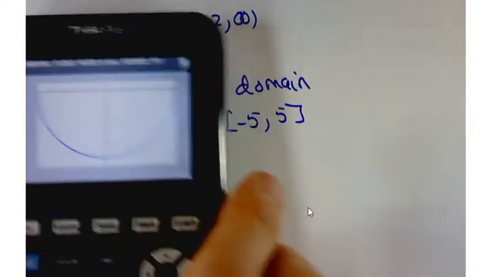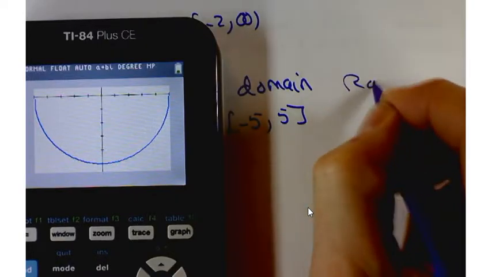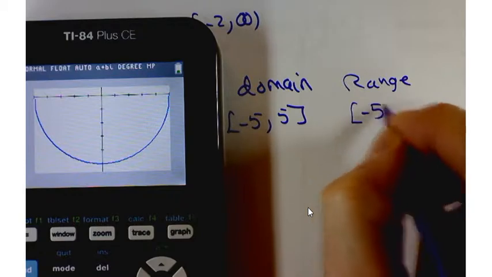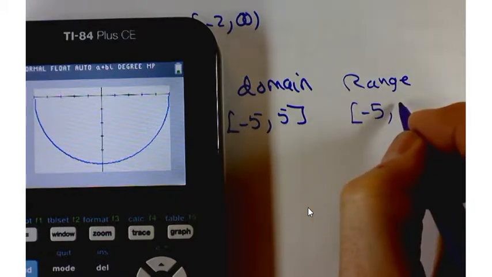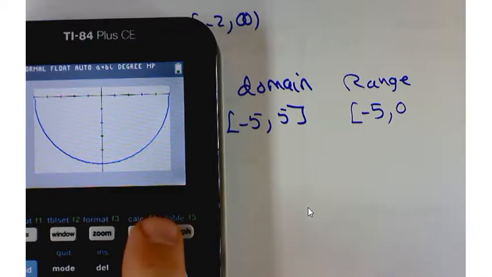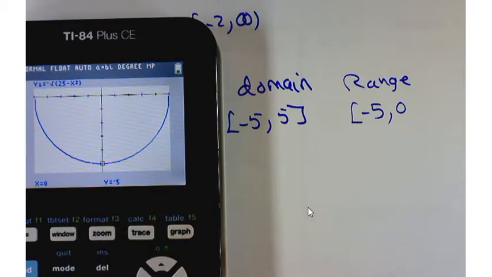What about the range? What would the range of this function be? Not -5 to 5, -5 to 0. Is 0 going to get a bracket or parenthesis? Well, let's hit the trace key and type in the number 5.